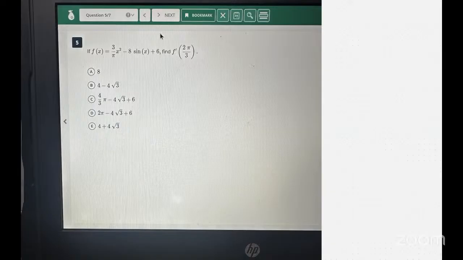All right, so find the derivative of that. So again, you're just taking the derivative. So that would be 6 over pi times x minus 8 cosine of x. Yeah. So then when you plug in 2 pi over 3 for x, those cancel. You get 2. So you just get 4 minus, what's the cosine of 2 pi over 3? The cosine would be the x, so it's negative something.